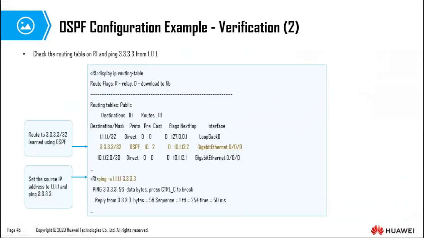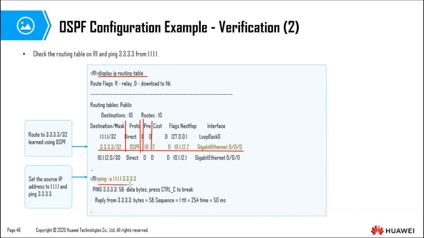Okay. So the other way to verify is to check the IP routing table. So display ip routing-table. Do we have these networks installed in the routing table? Oh yes, we have 3.3.3.3. You can see that on the proto field, we have learned this through OSPF. The default preference value for OSPF, what? 10, right?